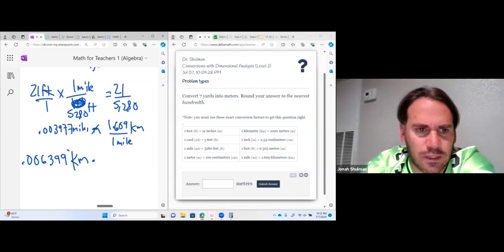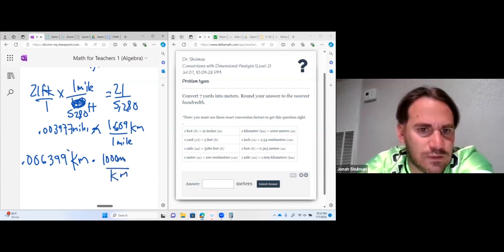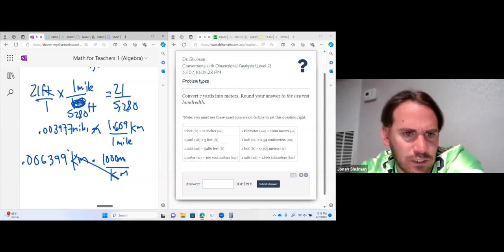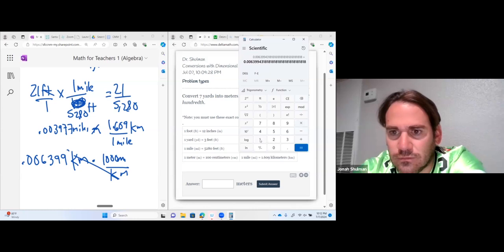So we have to multiply this by 1,000 meters, and that'll get rid of the kilometers. Or we can be fancy and just move the decimal once. It's 6.399. They want us the nearest hundredth. So I'm just going to take this and multiply our final answer by 1,000.